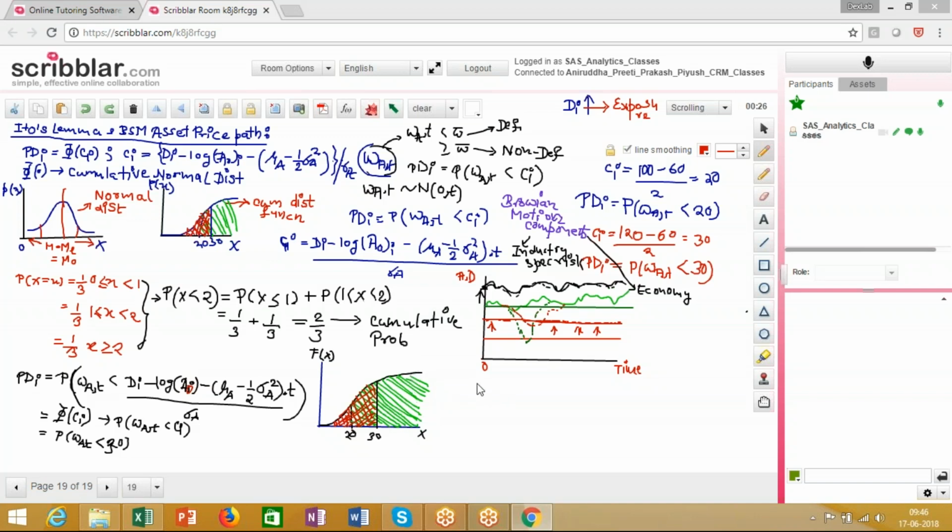So the next topic that we come to is describing the portfolio, or the portfolio description. Now, how would I define a portfolio? A portfolio is nothing but a collection of loans.